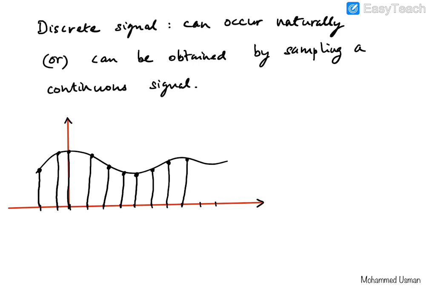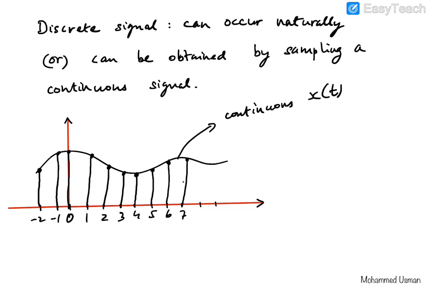So in this case, we have obtained the discrete signal from the continuous signal. So the index will be 0, 1, 2, 3, 4, 5, 6, 7, and so on. And we can have -1, -2, and so on. So this curve here is continuous, denoted as x of t, and these lines here with the dots are the samples of the continuous signal x of t.